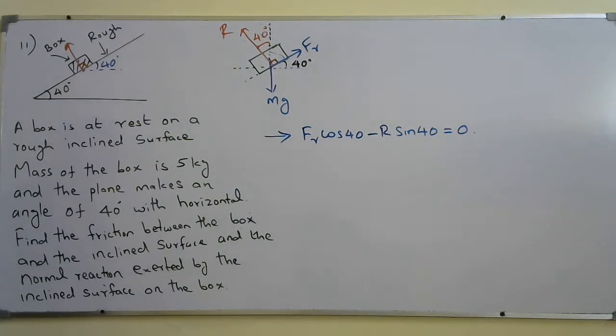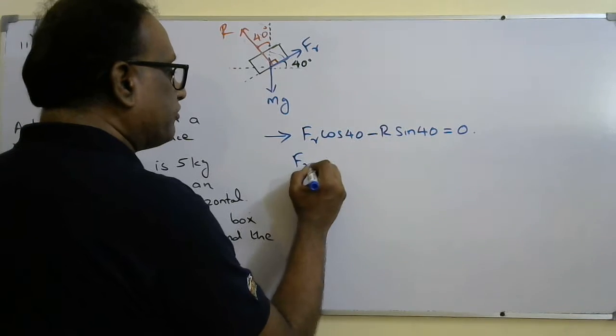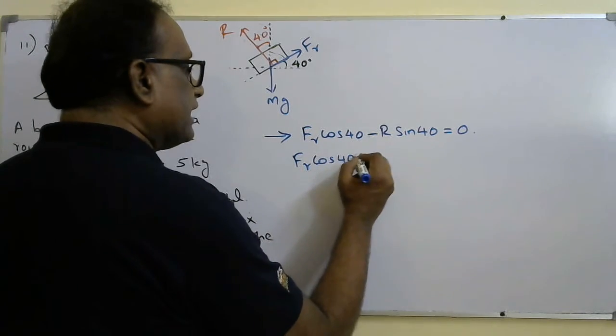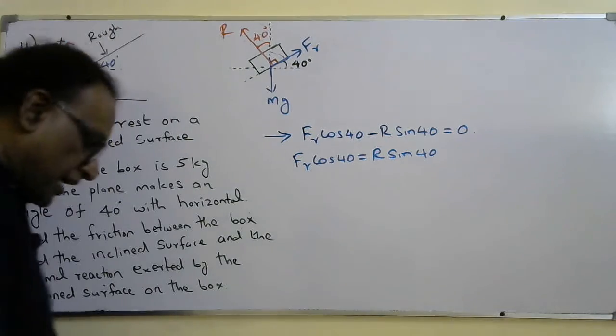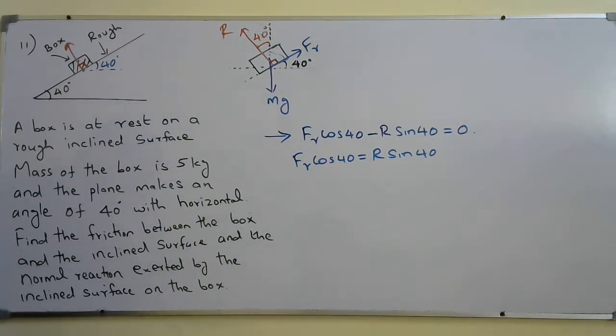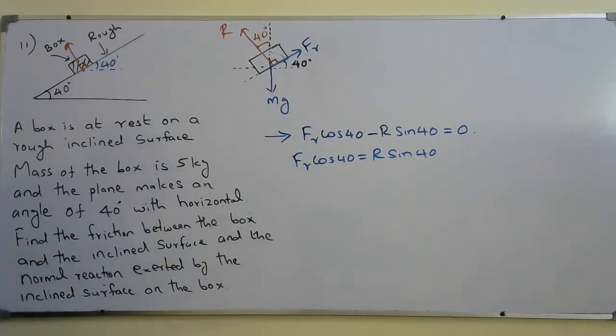Solving it, you can get a relationship between Fr and R. So I can say Fr cos 40 equals R sin 40. Substitute the values of cos 40 and sin 40 and get a relationship between Fr and R.